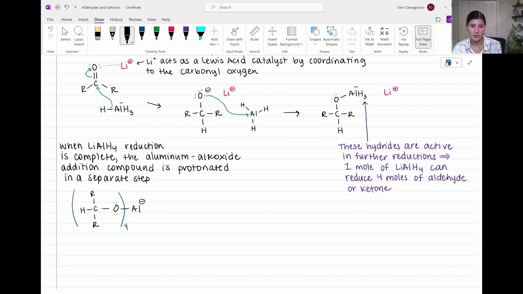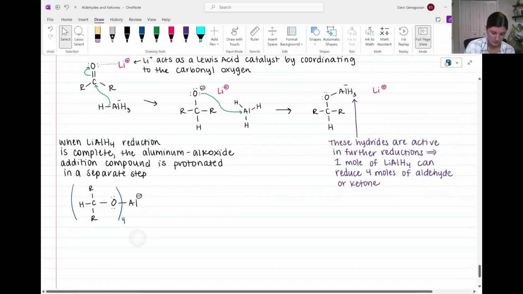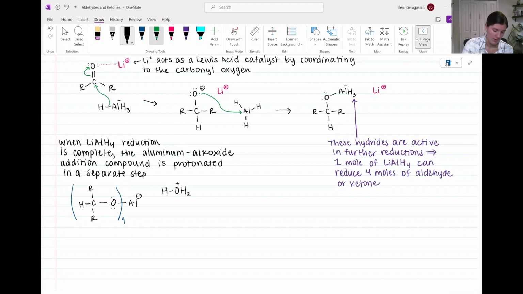Now the oxygen needs to be protonated by some acid present in solution. So if we have an acid present, we'll represent it as H3O plus. The bond between oxygen and aluminum will form a bond to the acidic hydrogen. We form water, and this will happen for all 4 of the substituents on aluminum.